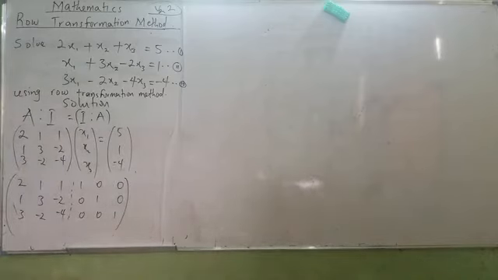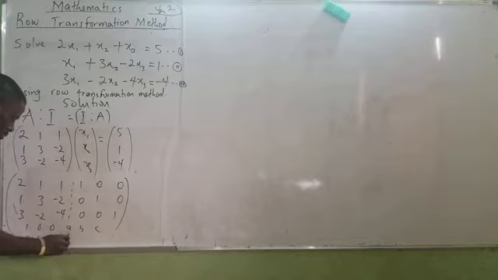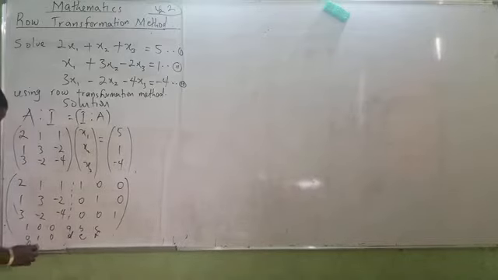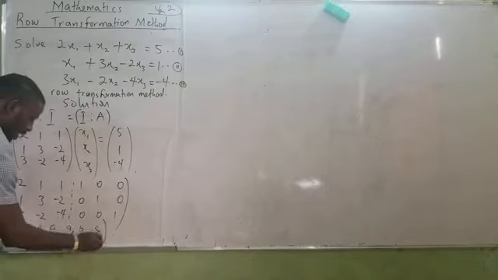Now, don't forget what I'm trying to work on: the matrix 1, 3, minus 2 with A, B, C; 2, 1, 1 with D, E, F; and 3, minus 2, minus 4 with F, G, H. That is what I'm on.